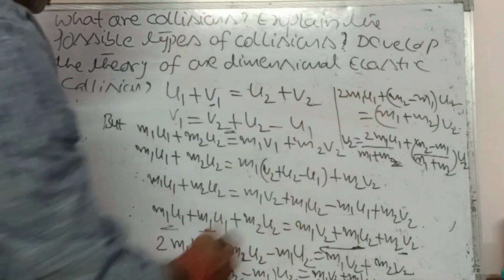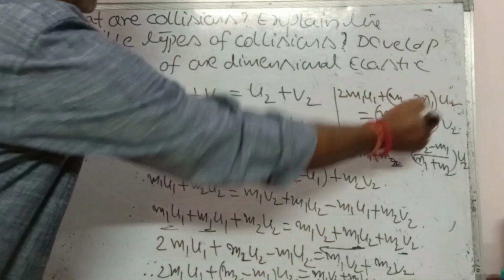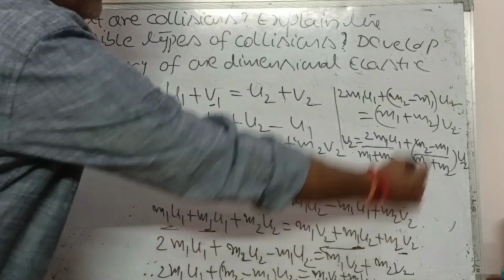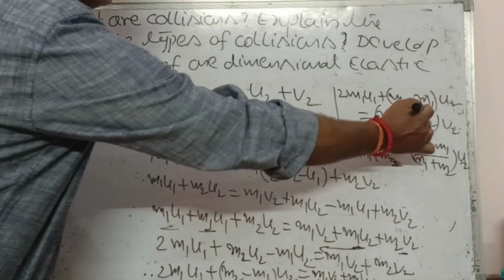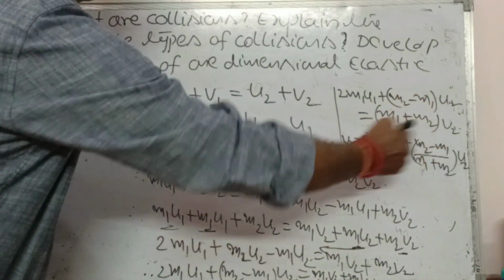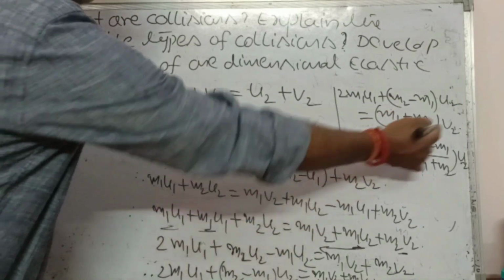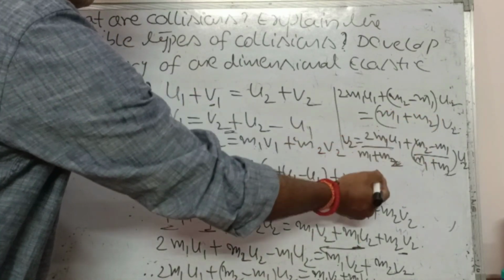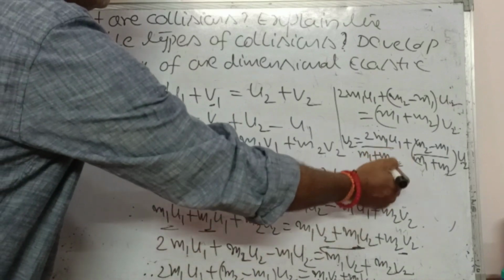Therefore, 2m1 u1 plus m2 minus m1 into u2 is equal to v2 into m1 plus m2, as v2 is a common factor. Therefore, v2 is equal to 2m1 by m1 plus m2 into u1 plus m2 minus m1 by m1 plus m2 into u2.